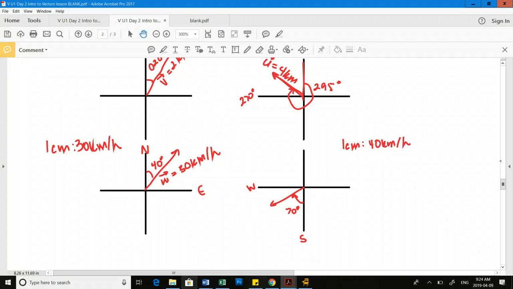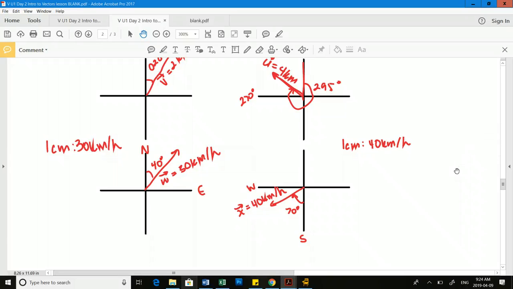And we're going to label it vector x. And we will say 40 kilometers per hour. Okay, you could have also done 1 centimeter equals 20 kilometers per hour, and then you would have had 2 centimeters long.